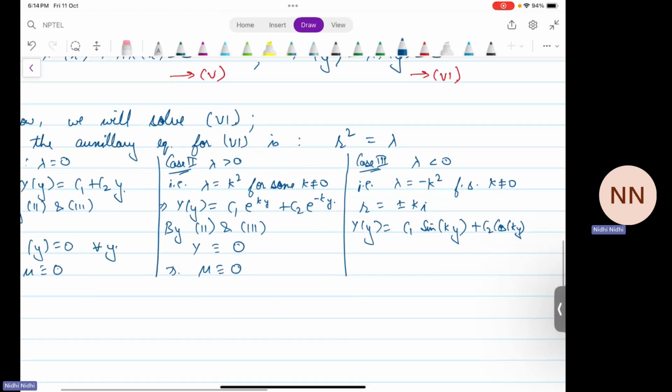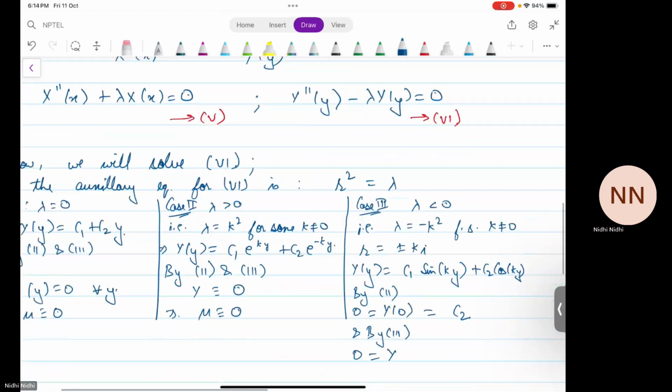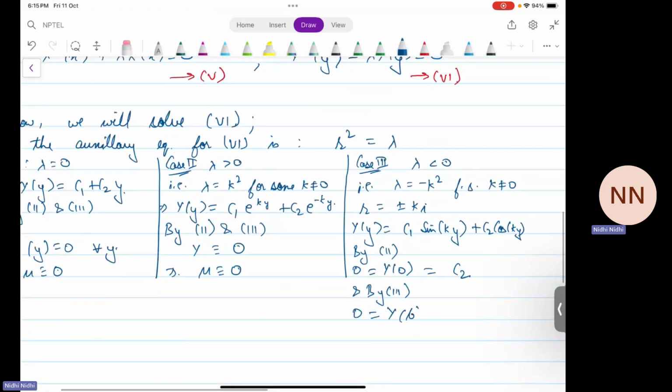Now let's look at the boundary conditions. By the second, we have 0 equals y at 0, which is just c2, and by the third we will get 0 equals y at b, which is c1 sine kb.